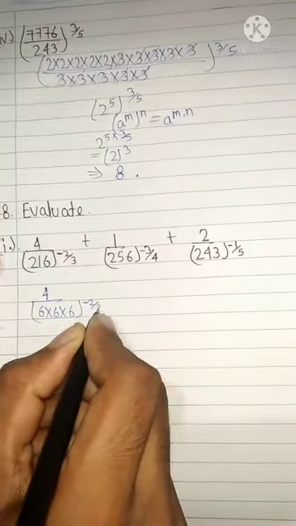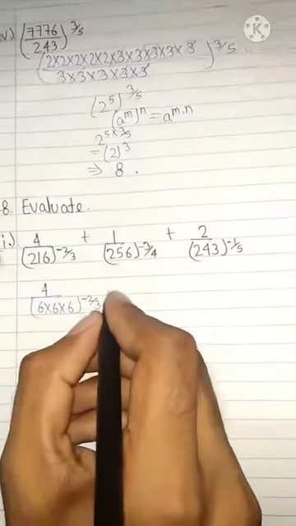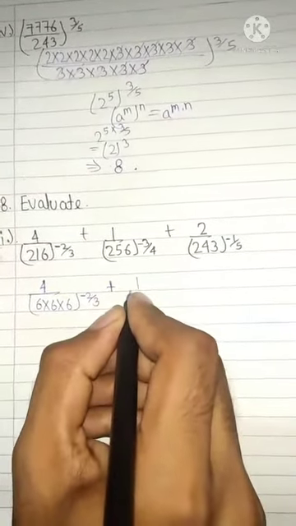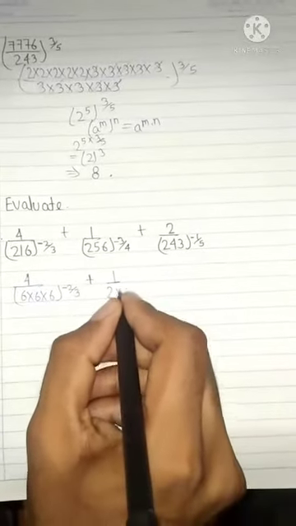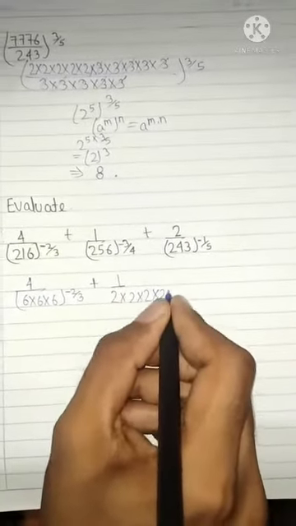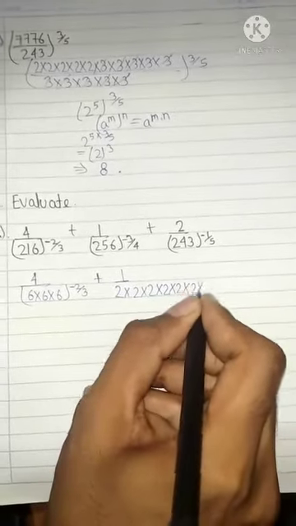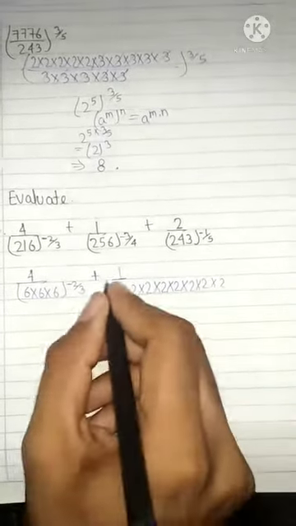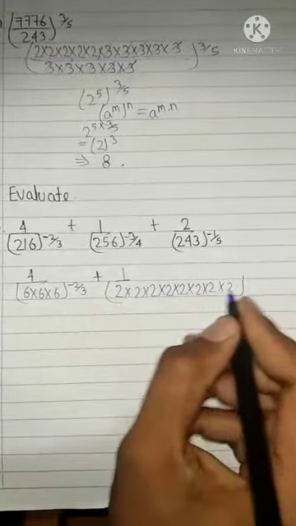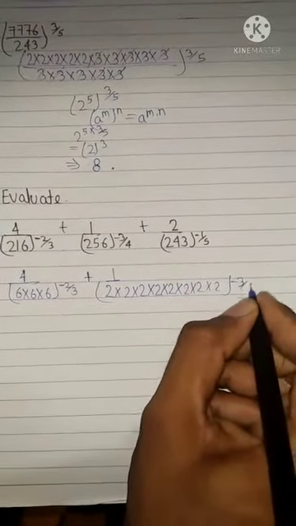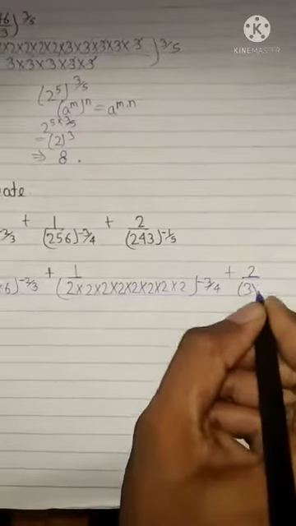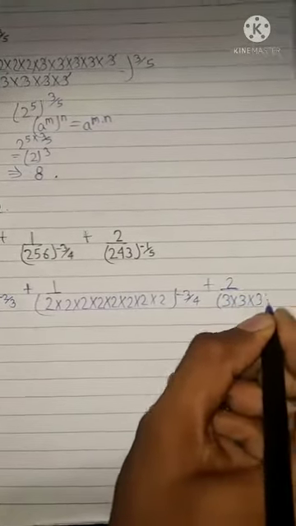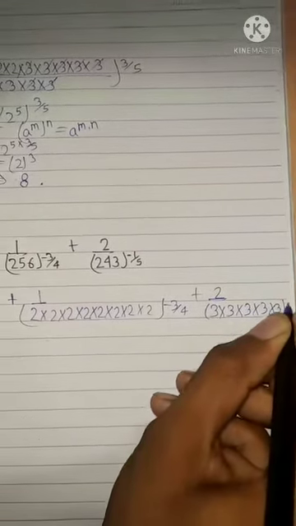You can also take 2 and 3. Plus 1 upon factorization of 256 is 2 into 2 into 2 into 2 into 2 into 2 into 2 into 2, and its power is minus 3 by 4, plus factorization of 243 is 3 times 5, power minus 1 by 5.